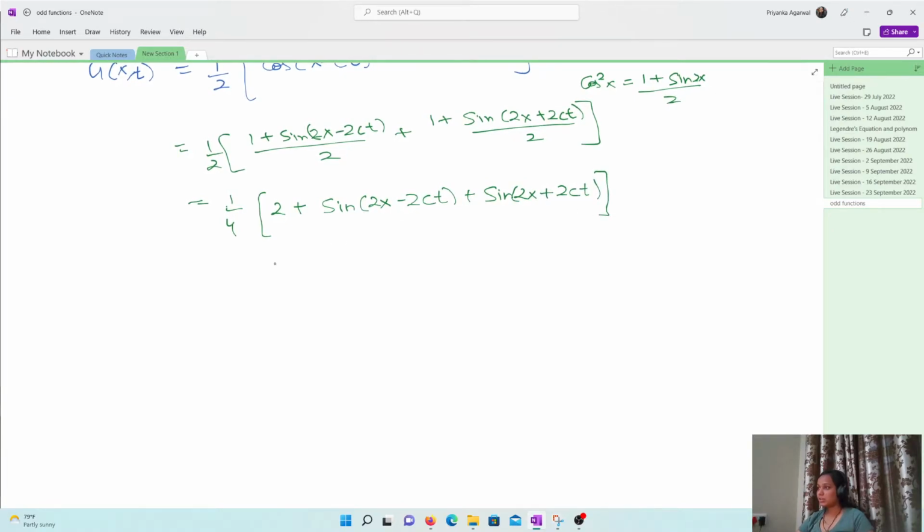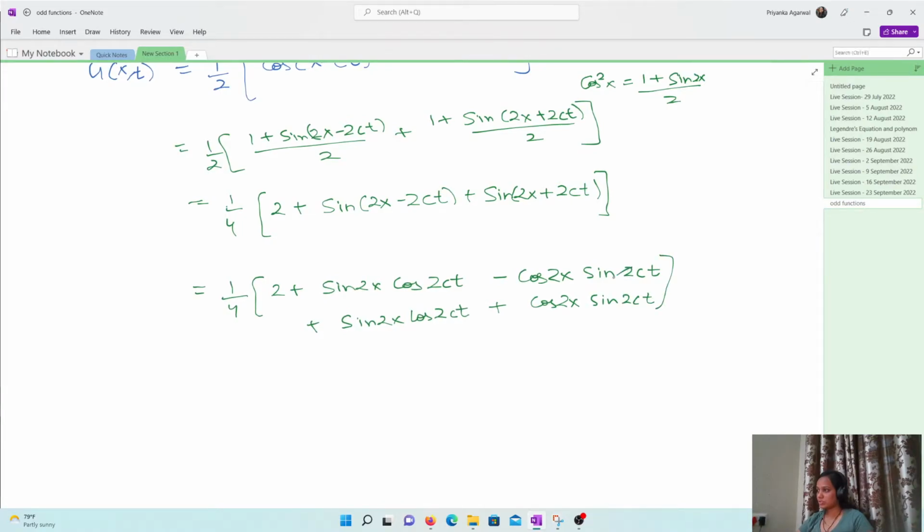right? Now this is sin a minus b form and this is sin a plus b form. We can again expand it. So this becomes 1 by 4 [2 plus sin a cos b minus cos a sin b, and the other term becomes sin a cos b plus cos a sin b].